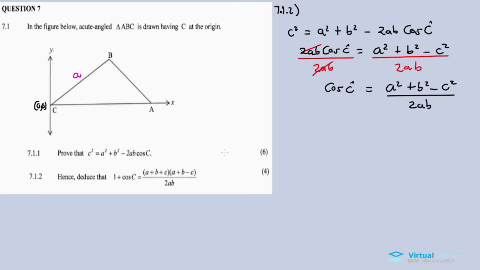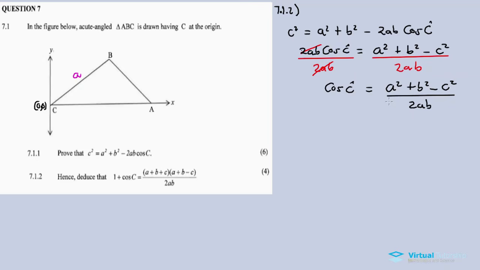Why divide by 2ab? Because 2ab is also the denominator. Sometimes you are asked to prove such and such in these questions. You always try to work towards the answer you are supposed to prove. So this is about deduce, a guide in a way. That's why I divide by 2ab.